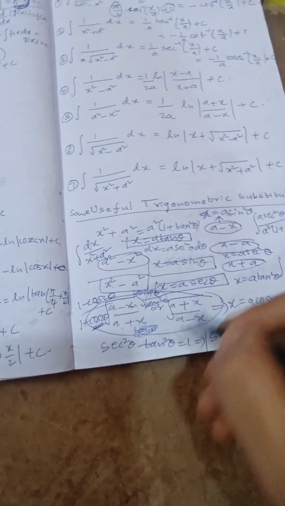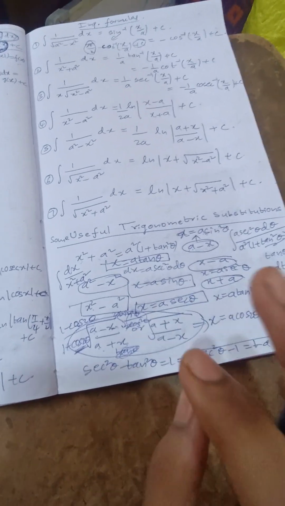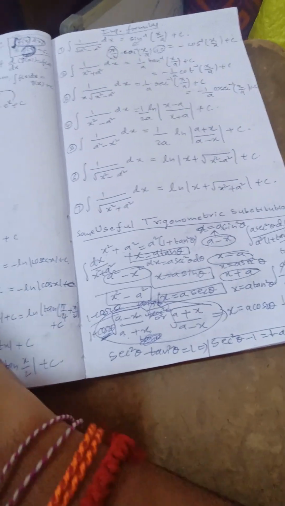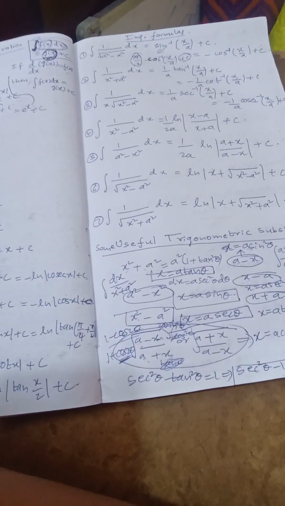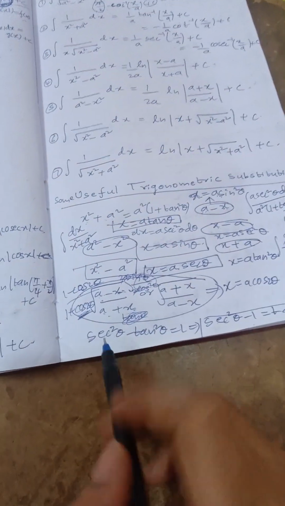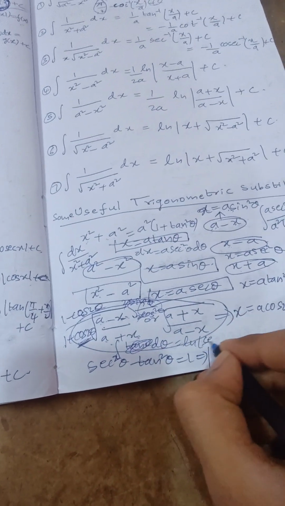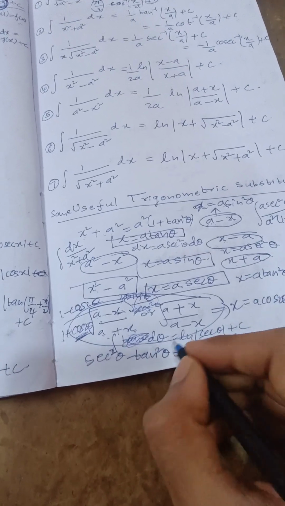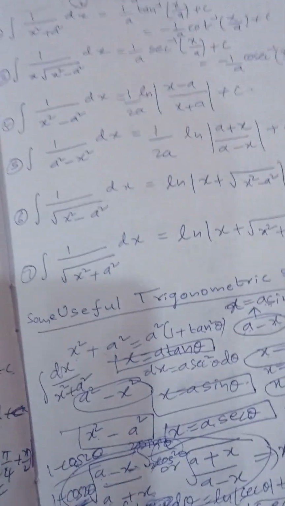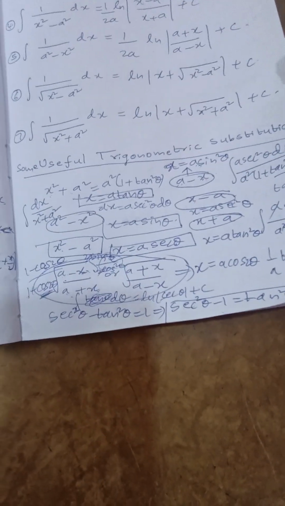Like that we will be able to simplify in integration questions. We already know that integration of tan theta d theta is nothing but ln mod secant theta plus c. So like that we will be able to simplify these kinds of questions by using trigonometric substitution.